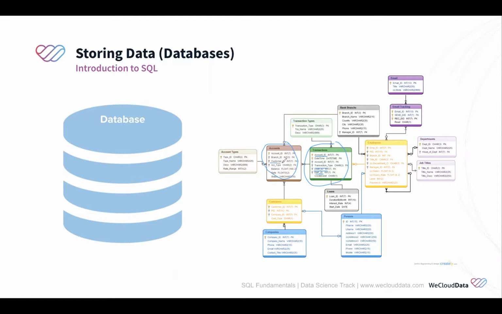In the accounts table, we have a column called customer ID, and we know that this customer ID allows us to connect to a customer table. The customer table stores information about the customer, like the customer type and the company ID. And if we have a company ID, it links us to the company table where we actually store all the company-related information. So it's actually pretty complex. This is called a data model, and the entity relationship diagram.